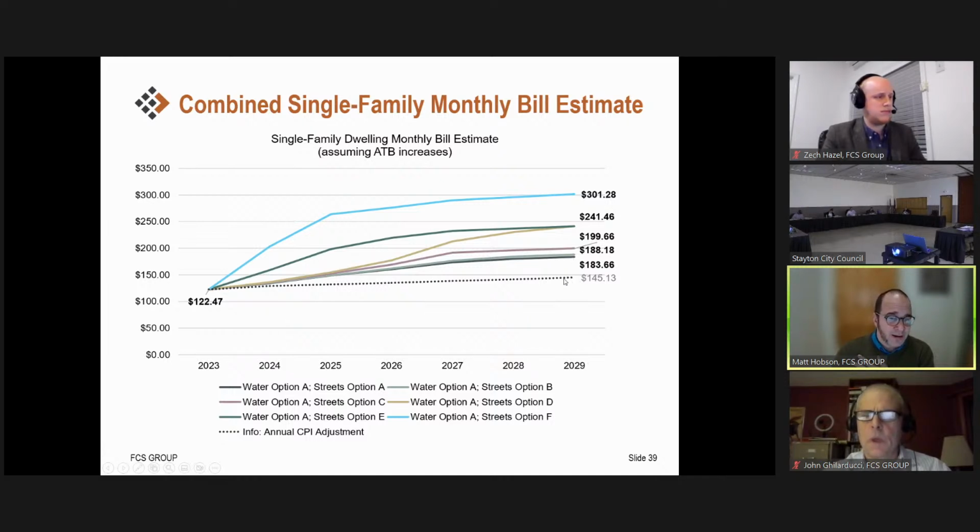And I do include a dotted line, the very bottom dotted line, which forecasts what the rate would be if we just adjusted by CPI over the length of the next 6 years, assuming the CPI projections we have in the model. I think it provides a little more holistic perspective. You bring everything up and look at the different options. Here's the long-term impact for a single-family residential customer.